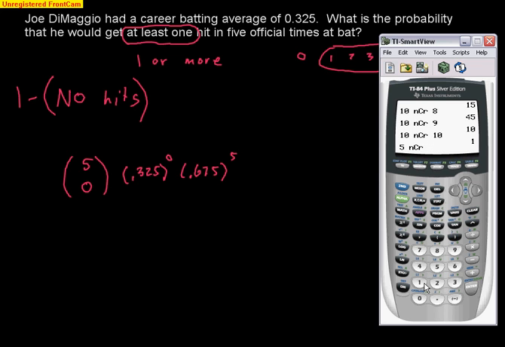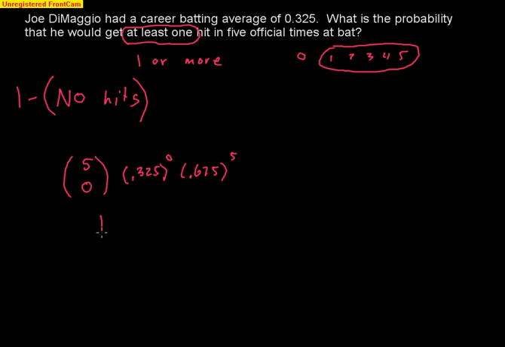So we have 1 times 0.325 to the 0 times 0.675 to the 5th. So basically, I really can just do 0.675 raised to the 5th, because 0.325, anything raised to 0 is 1. So I get 0.1401. Now that's the probability of no hits. And I have to do 1 minus that to figure out what I'm looking for.